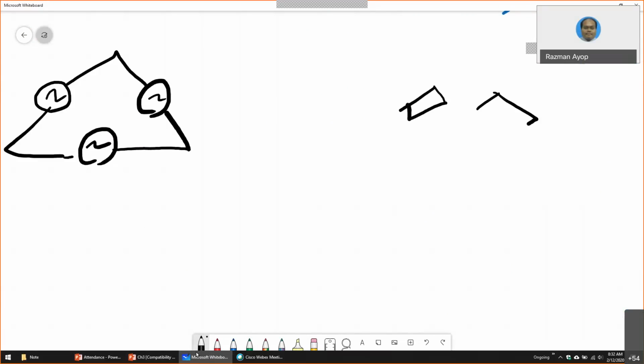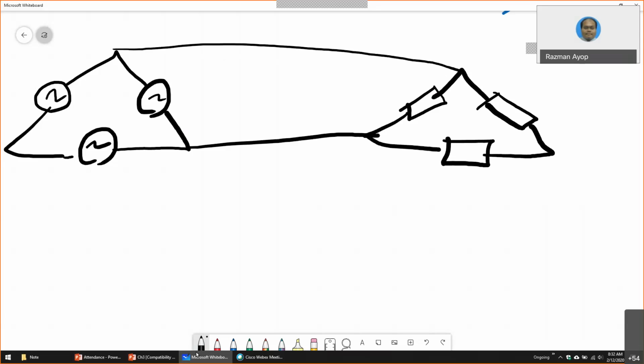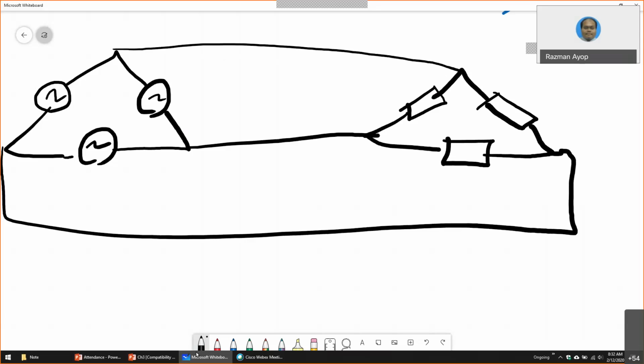Make sure you know how to draw the delta and star connection. Check the previous video. This one is A, B, and C. Make sure you know how to label it properly.